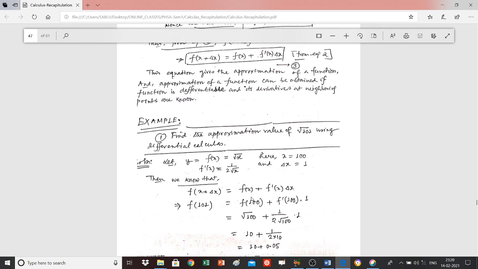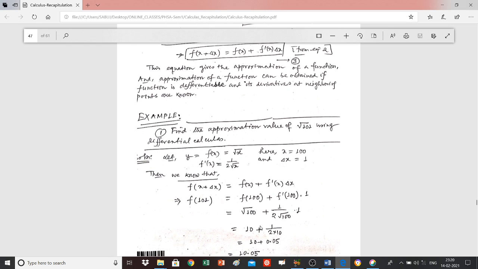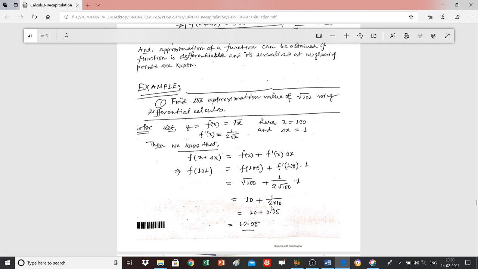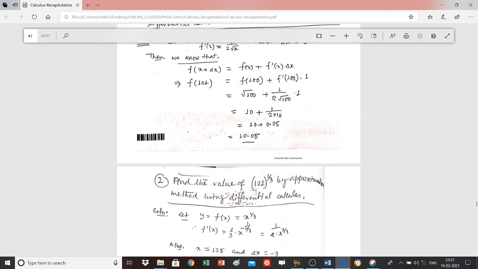Since f(x) is square root x, with x as 100, it is square root 100 plus 1 by 2 square root 100, that is equal to 10 plus 1 by 2 into 10, 10 plus 0.05, that is 10.05. So the approximation value of square root 101 is 10.05. This is very interesting.